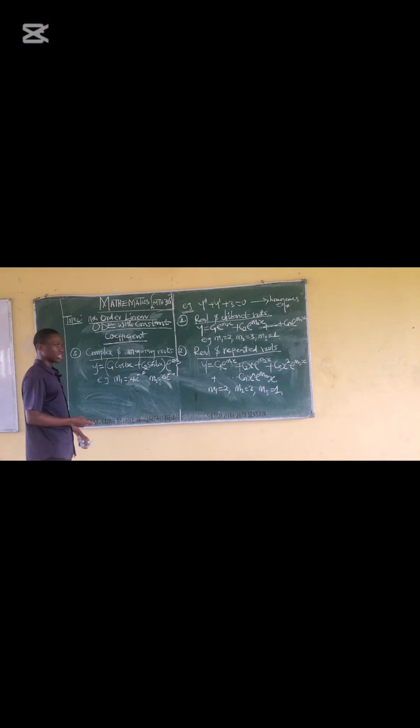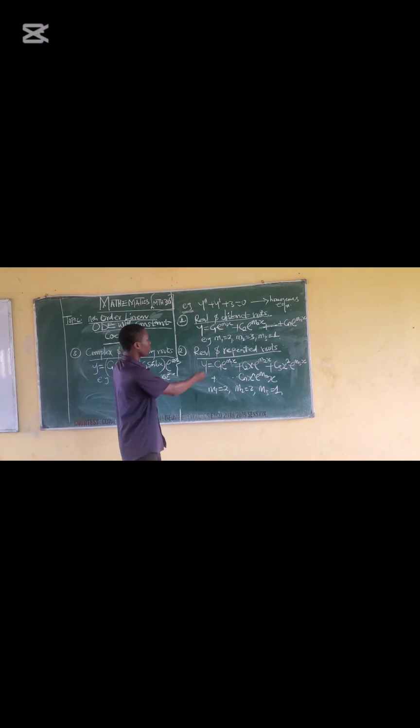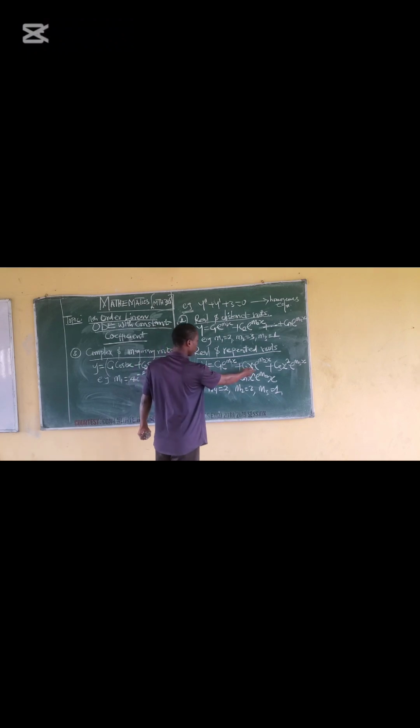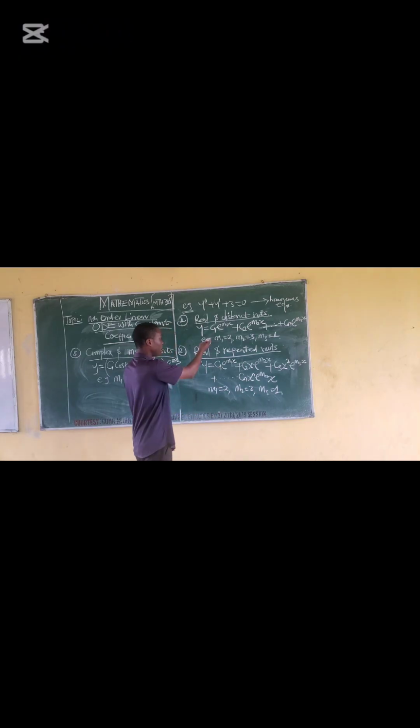Will you still use the same condition? You will use the same condition, it's true, but if you check the real and distinct and then the real and repeated, there is just something that is changing. You see x here, you see x squared here, and then you see x^n here. Then if you check here, you are seeing no x. That is because in this case, no root is repeating, but in this case, roots are repeating.